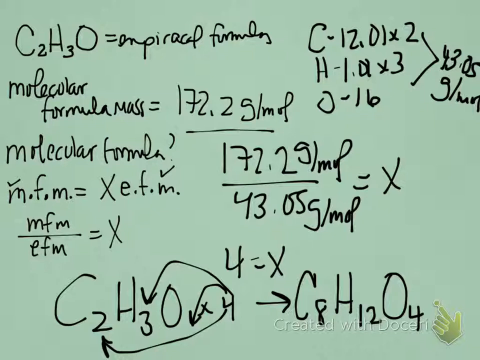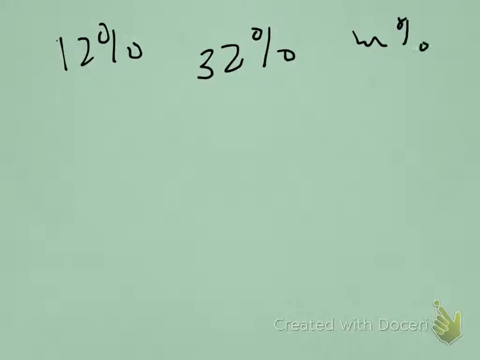Do you know what would be really mean and nasty and evil? If I gave you a problem where I gave you percent composition information, like it's 12% this, I'm pulling these out of thin air, I don't know that they add up, and I gave you the molecular formula mass.